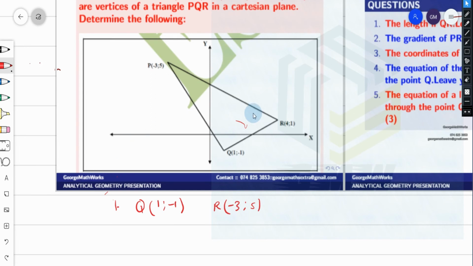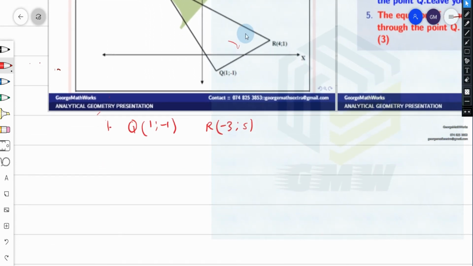What we are asked to find is the length QR. And from our notes, we learned that the QR length is given by the square root of (x2 minus x1) squared plus (y2 minus y1) squared. This is the formula in general that we covered.